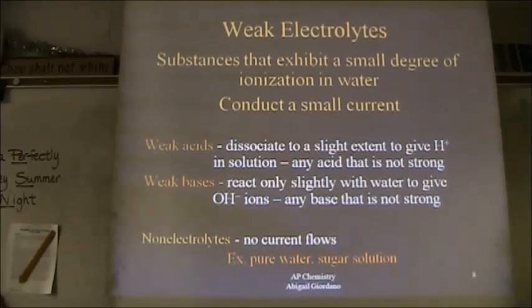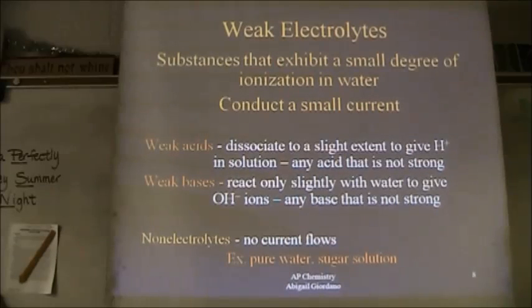Doesn't matter what kind of sugar it is. Is sugar soluble in water, first of all? Yes or no? Yes. You put sugar in your tea or your coffee, it dissolves without a problem. And it doesn't matter what sugar, glucose, sucrose, whatever. All right? But I'm telling you that a sugar solution is a non-electrolyte.